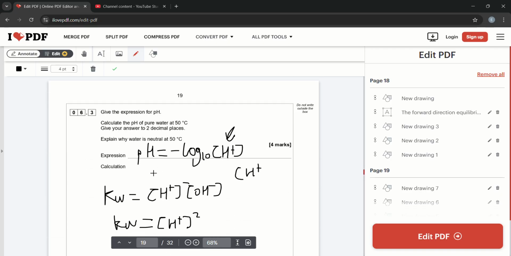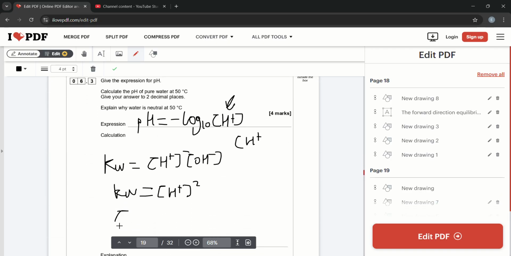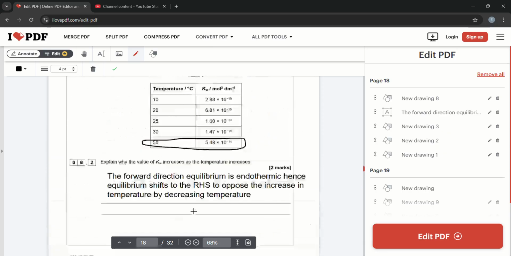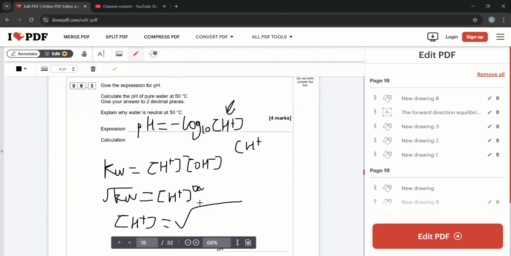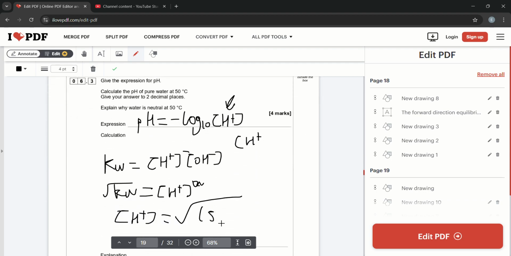So we can say that H plus is equal to the square root of Kw, which is the square root of 5.48 times 10 to the power minus 14.